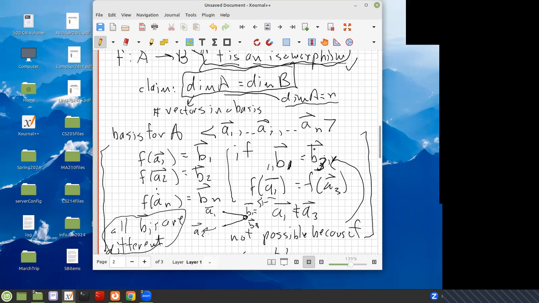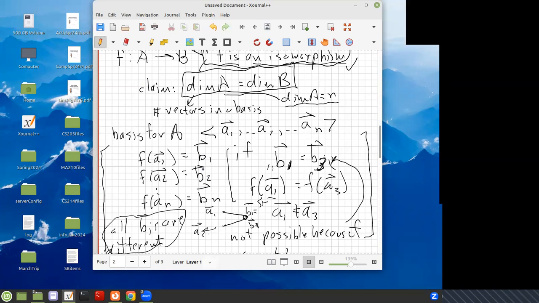When you say it's not possible, what you mean is it's not possible for two of the B's to be identical because f is 1 to 1. These images must be different. You can't have two of them be the same. Okay.